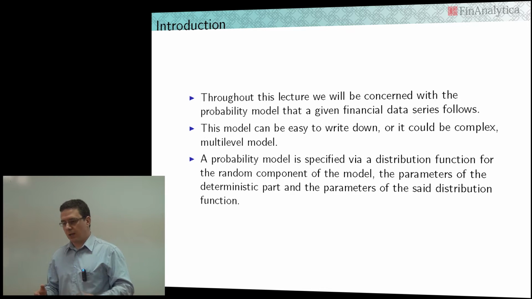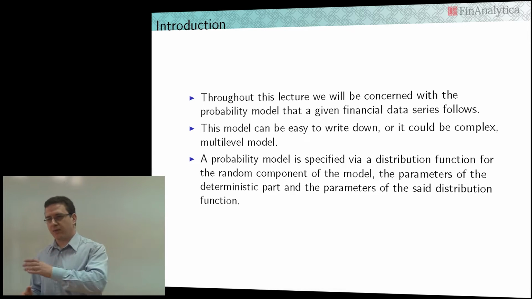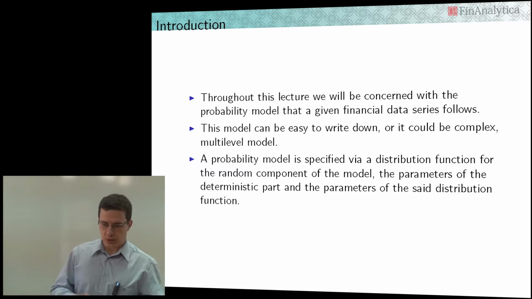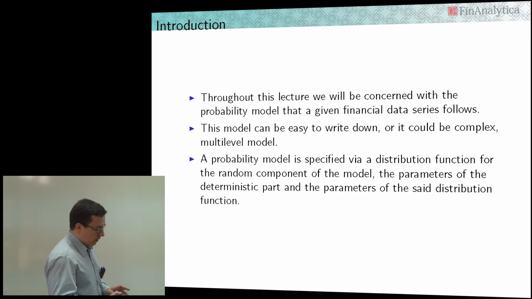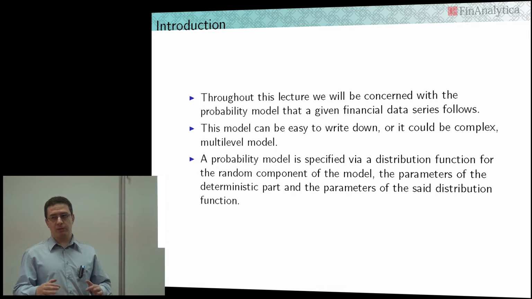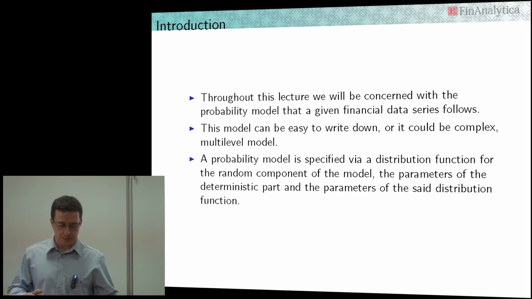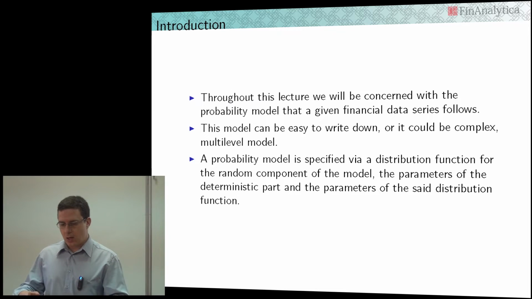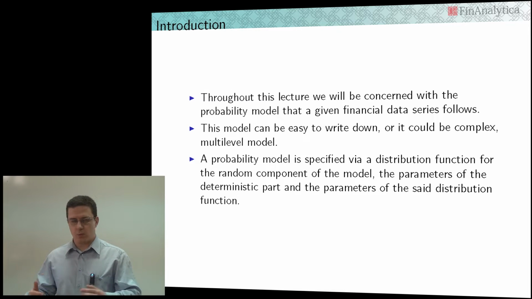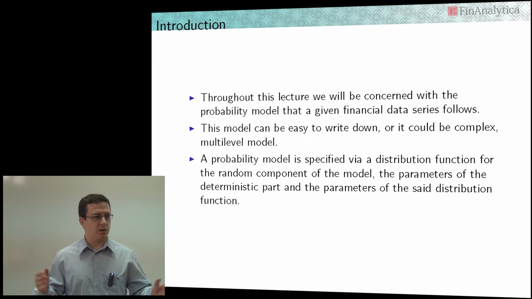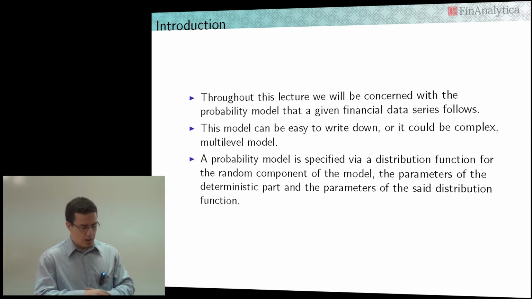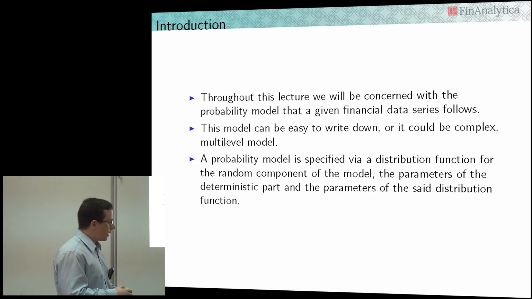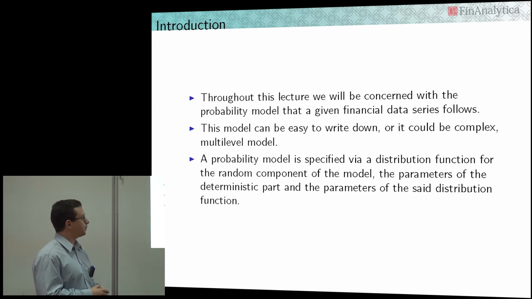We can have one model for the expected value of the variable, which, for example, can be ARMA, if this rings a bell. We can have a separate model for the volatility of the variable, which we'll see a little bit later on. Both of these models can be a set of equations with certain parameters and certain random drivers underneath, so it can actually be quite complex.